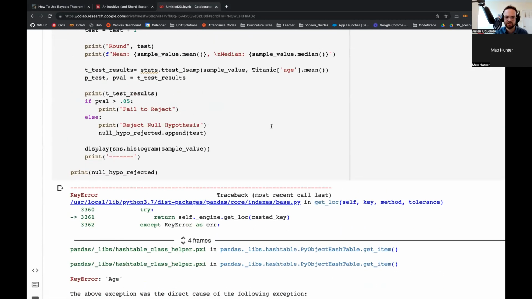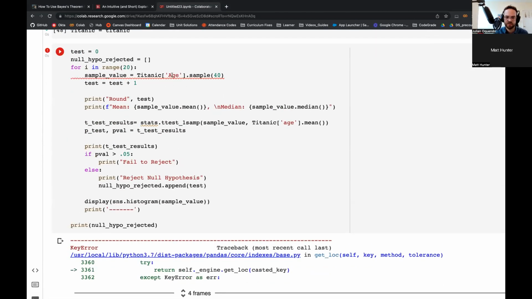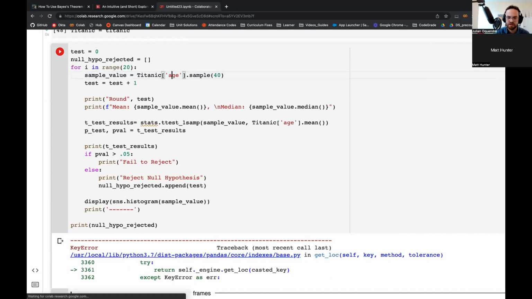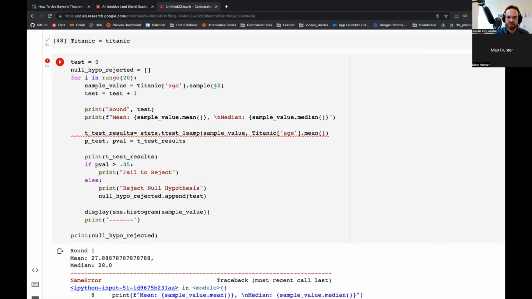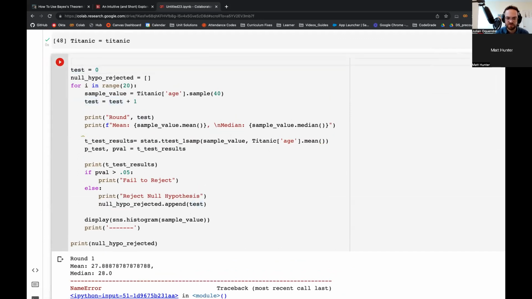That's the other error for age. Stats is not defined. I read this in as a different package. Where is the stats package for this? In the center there, under the print statements. Import from SciPy import stats. Ugh. This is why consistency in your code is important.